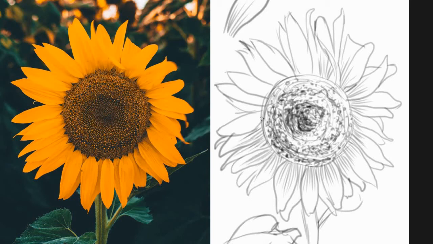So for example, if your petal is sort of this flame, oval shape, the lines can't be completely straight, because that would not look organic, right? So you need to follow around those lines to make it fit with the outline of the petals.